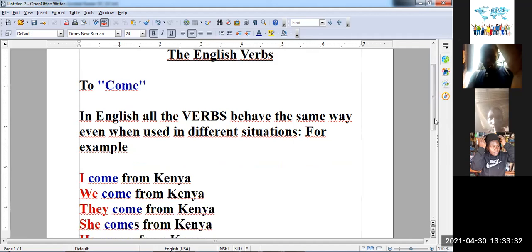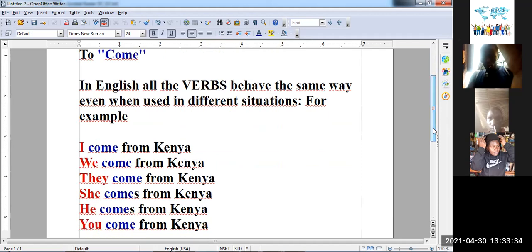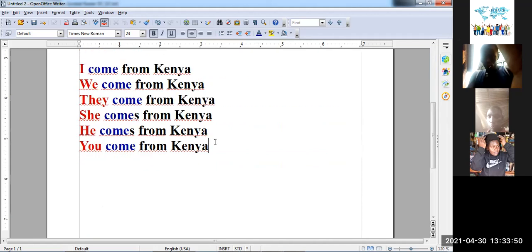For example, I, we, they, she, he, you, these are pronouns. They carry the same verb: come, come, come, come, come. In German, the verb changes, okay? This is where I'm taking you to.